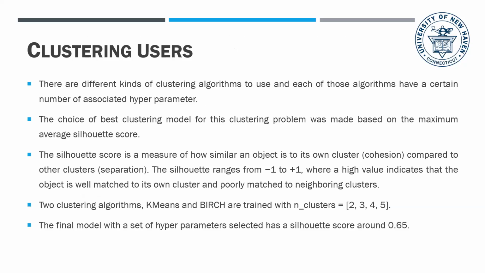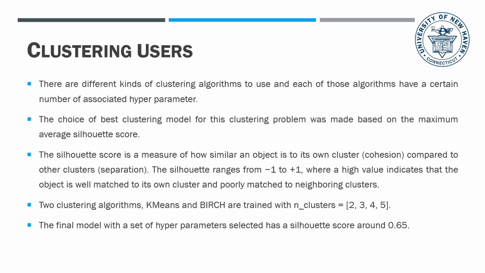Now, the clustering algorithm. We have seen many clustering algorithms. How did the authors choose the best model? The choice is made by looking at the maximum average silhouette score. The silhouette score is nothing but a measure of how similar an object is to its own cluster compared to other clusters.